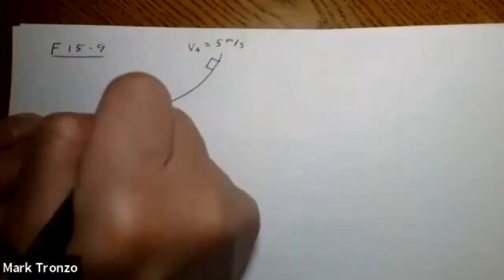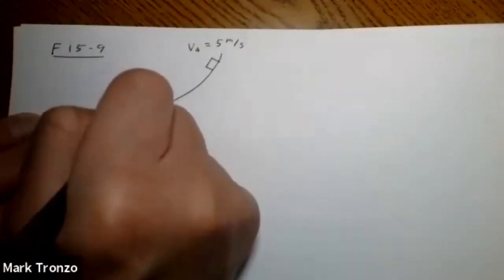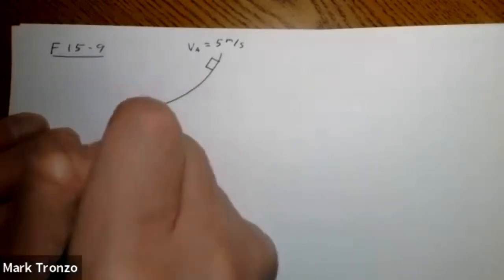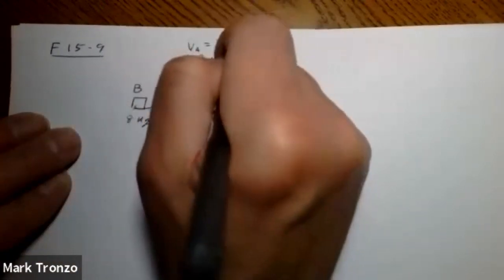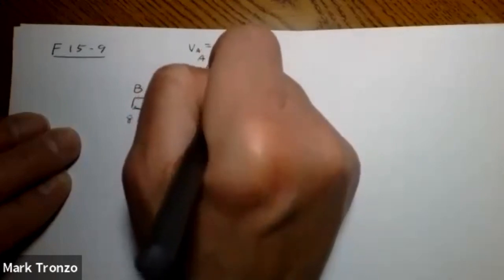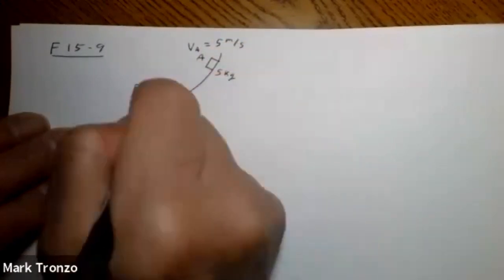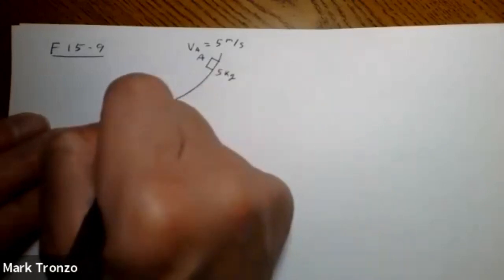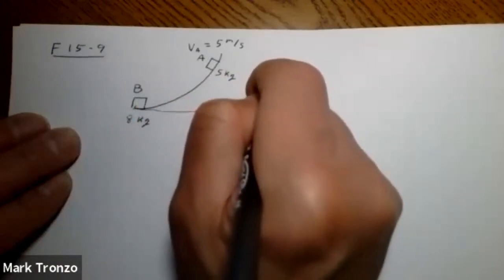And so we have this package sliding down. It's 5 meters per second. It starts at A, and it weighs 5 kilograms. And we're told that this is 1.5 meters here.